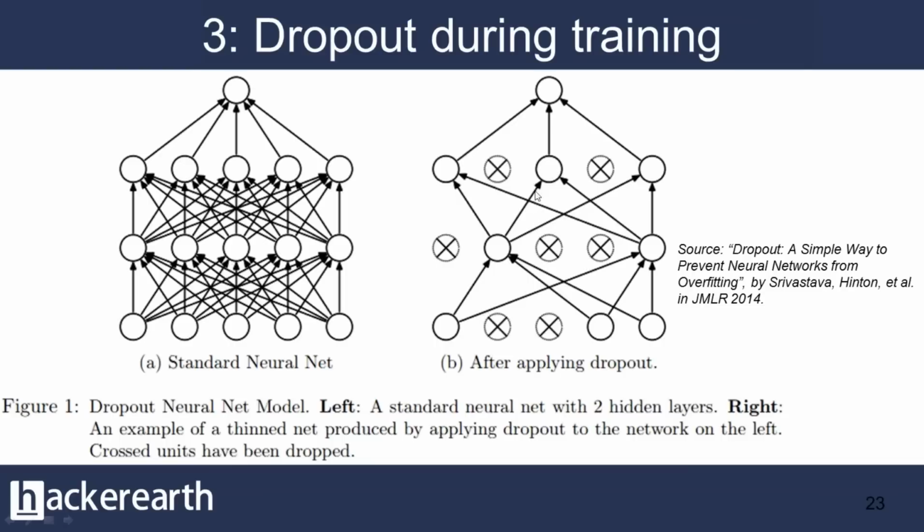So what happens in that case is, let's say you're looking at this output, and when there was no dropout, it was depending on 5 different hidden nodes in the previous layer. If one of them makes a mistake, the others can compensate for it.